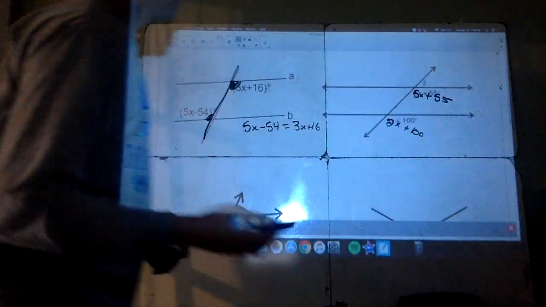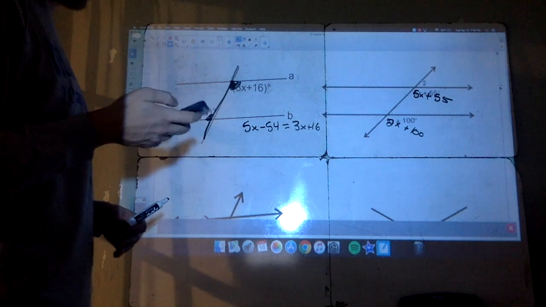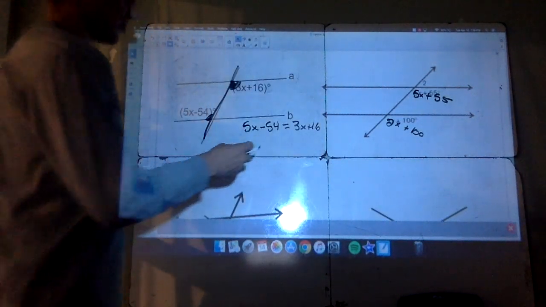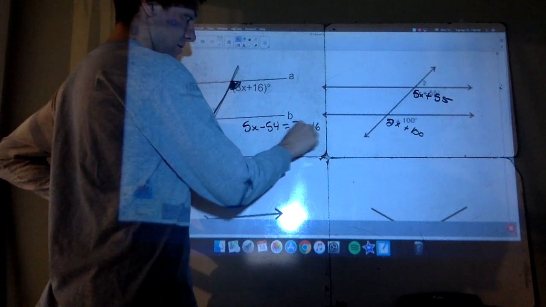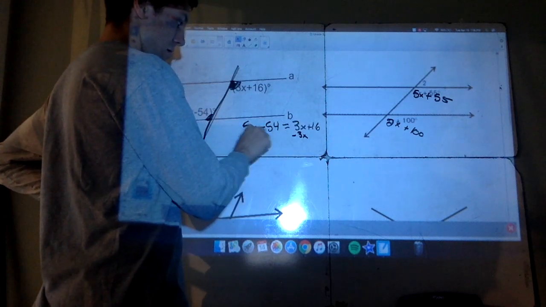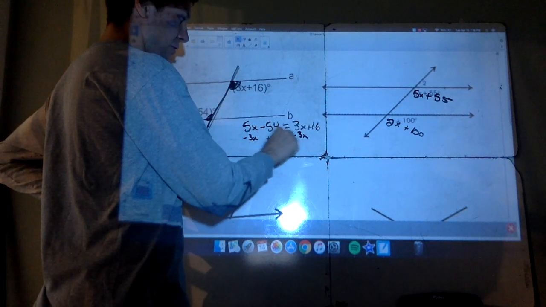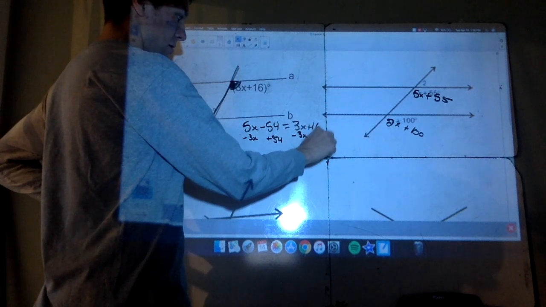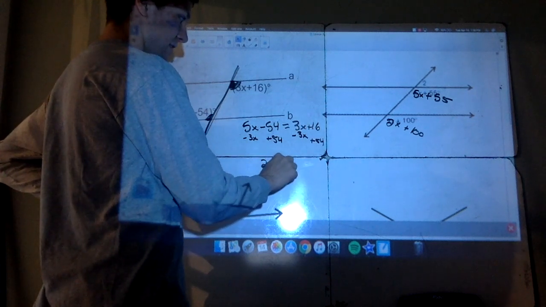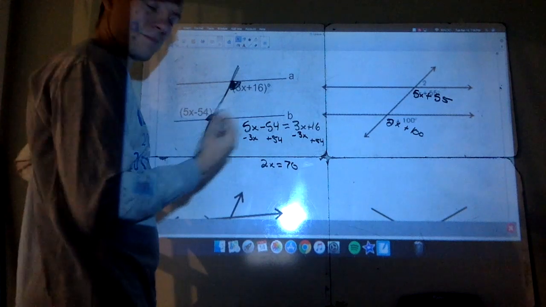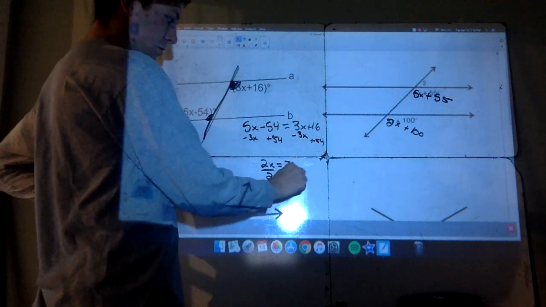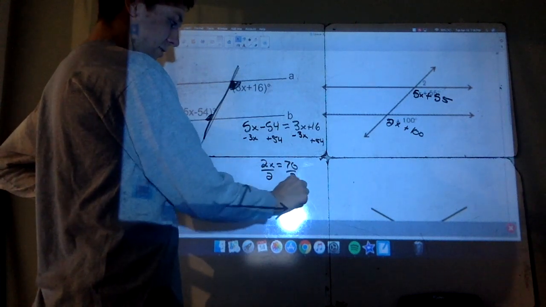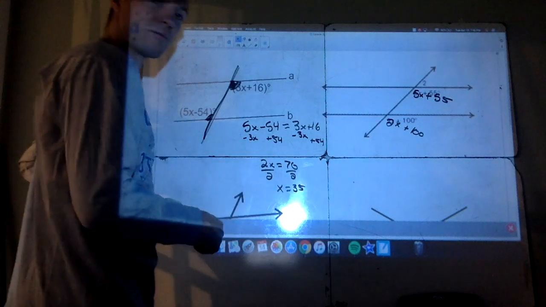I'm going to silence this thing so we don't get dinging. And we're going to solve that equation. So we're going to subtract 3x. We're going to add 54 to both sides. And we get 2x equals 70. Then we're going to divide by 2 to get x equals 35.